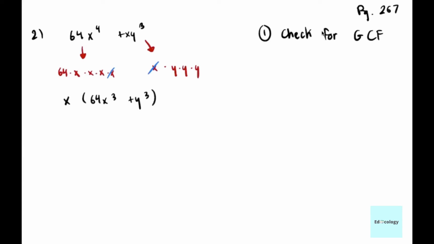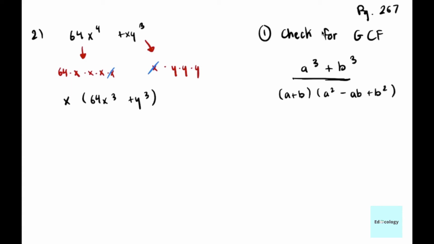Now we have something that looks similar to a cubed plus b cubed, right? Now a cubed plus b cubed can be rewritten as a plus b times a squared minus, remember, minus ab plus b squared.